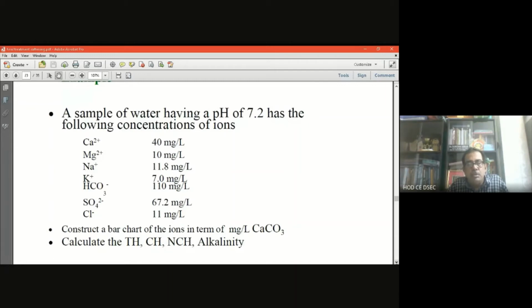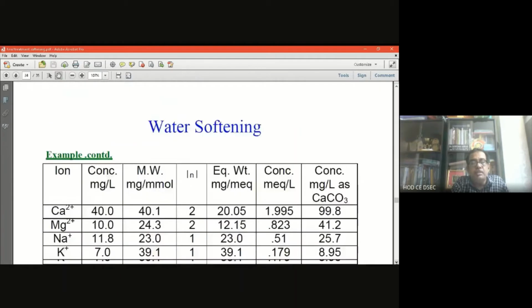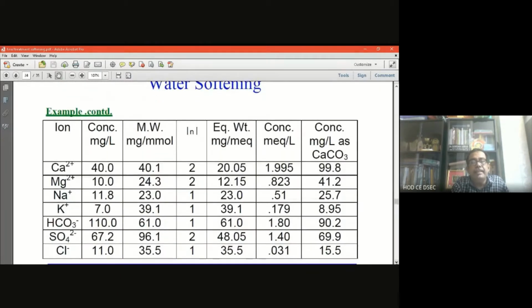Since we are discussing the water softening process, one of the key treatments of hard water, that means the removal of the soluble salts as insoluble precipitate, we will confine our numericals to hardness itself, not alkalinity. So these are the ionic concentrations, the cations, anions, as well as the pH value. Now, in this type of problem, you have to first make a tabular form.